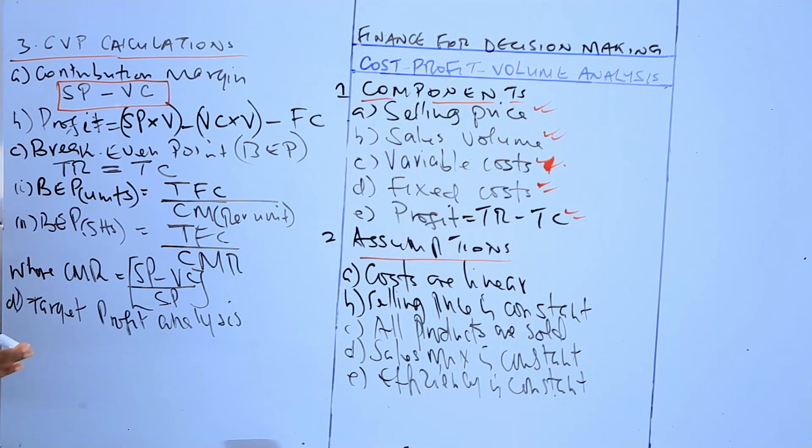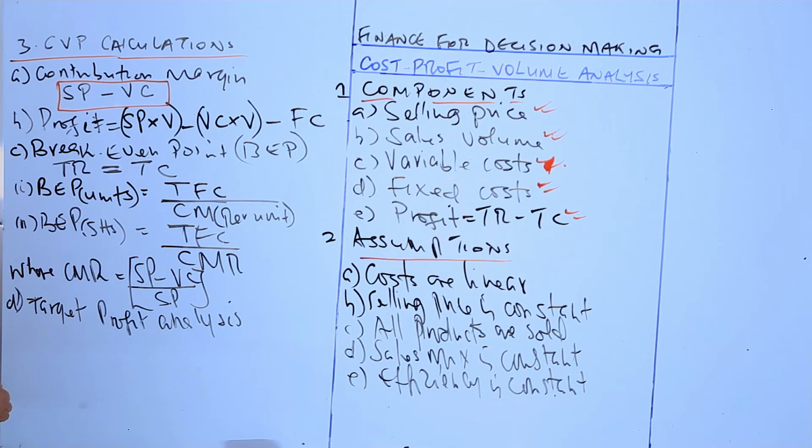And managers use such analysis to predict or to analyze the level of probability that they desire. And that can also be calculated either in units or in shillings.